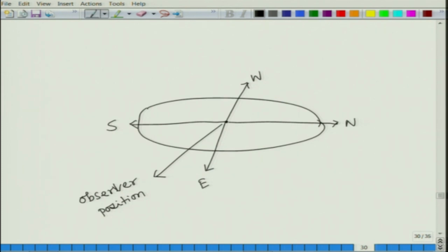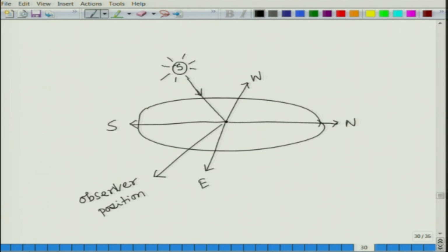Now, what do we want? We want to observe the sun. So, let us say we have sun somewhere here in the sky. Let me animate this a little bit. So, this is our sun position in the sky. Now, the ray that is coming normally to your eye will give us the solar position location because you are looking directly towards the sun.